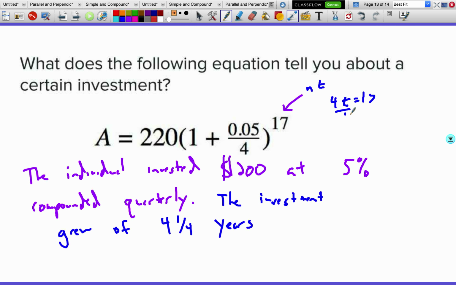So when we divide by 4, we get 17 over 4, which is 4 1/4. All right, the individual invested, I wrote 200, I meant to say 220, at 5%, compounded quarterly, the investment grew, and making all sorts of typos, 4 1/4 years.